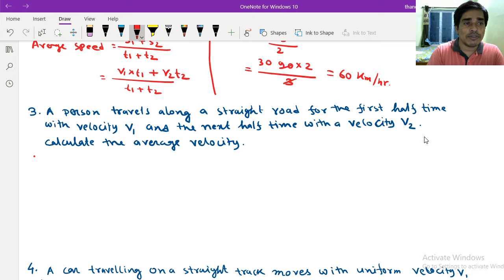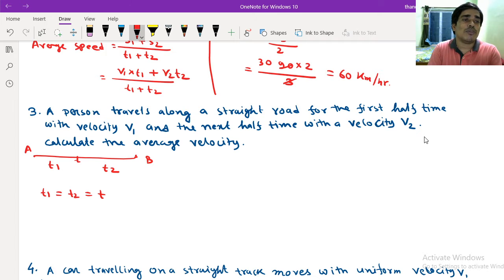Suppose this is point A and this is point B. This is the distance, and this is t1 and this is t2, and t1 equals t2, because both are half of the total time.